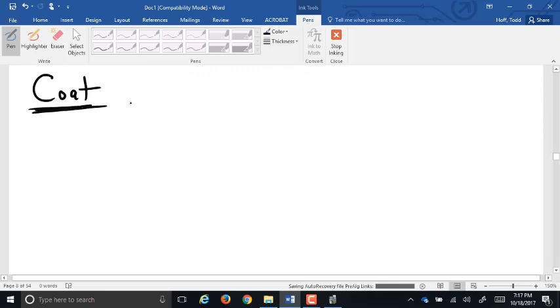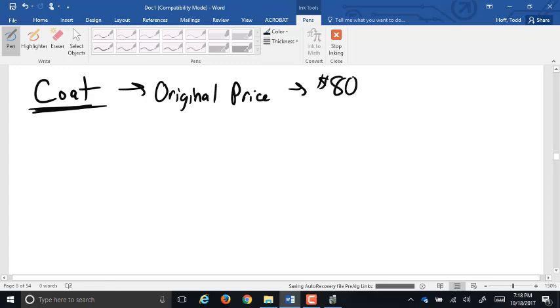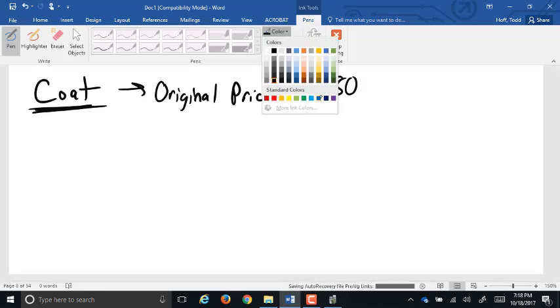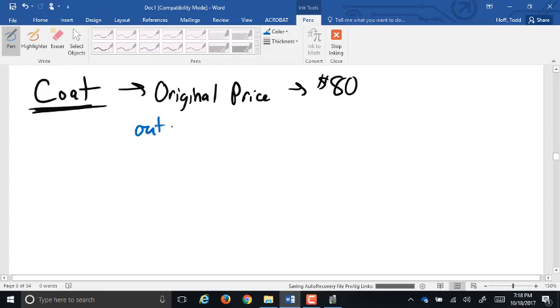Let's look at a winter coat, original price of $80. Goes out of season.